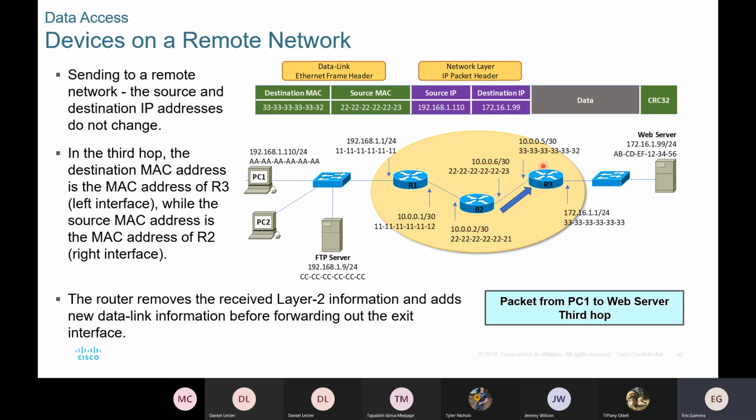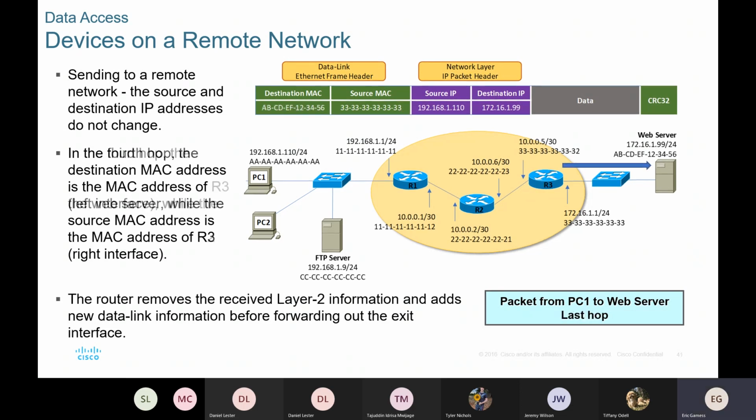Now, in the data link layer, which is layer 2, the destination MAC address is going to be the MAC address of R3 in this interface, which is 33.33.33.33.33.32, as you can see here. And when R2 sends the frame out this interface, the source MAC address will be 22.22.22.22.22.23, as we can see here.